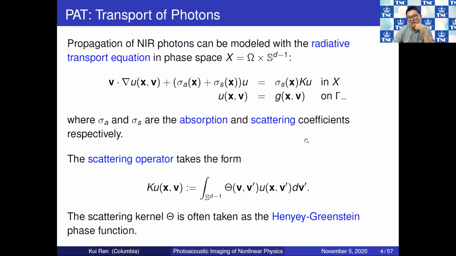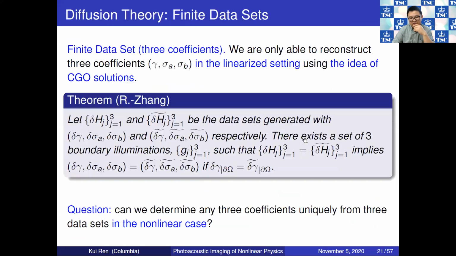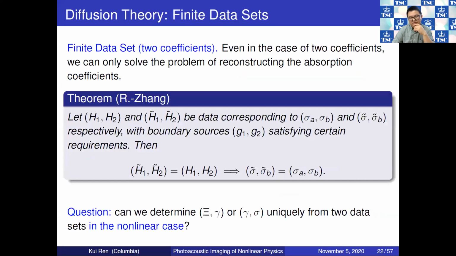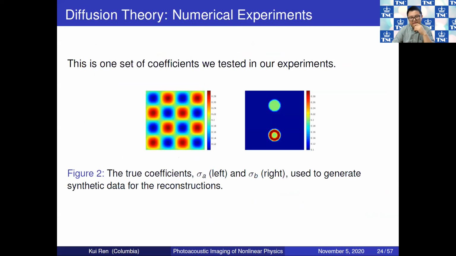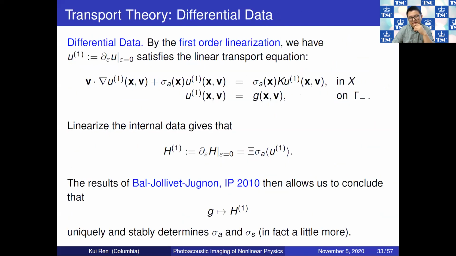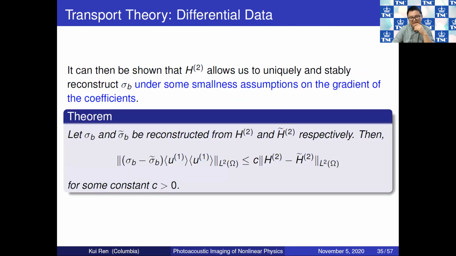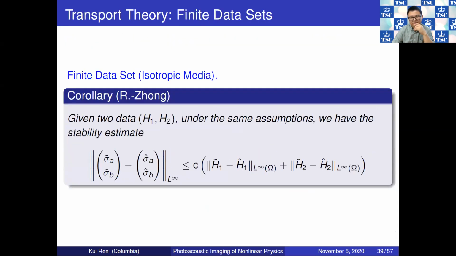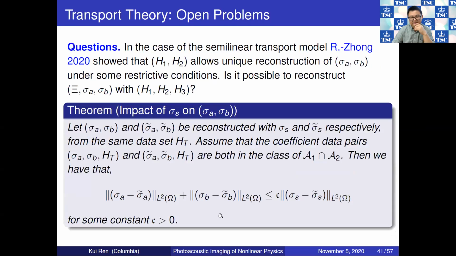And what I showed you later was a kind of justification of that. If you put in a wrong sigma S, the impact on the reconstruction of sigma A and sigma B is small. This constant C is small.